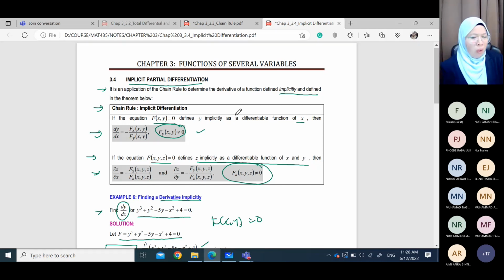Boleh? Okay, madam. Jelas? Am I answering your question? Jelas. Okay. So for further information, you can also read textbooks. There they also explain where you can apply this. Alright? Okay. Any other question?